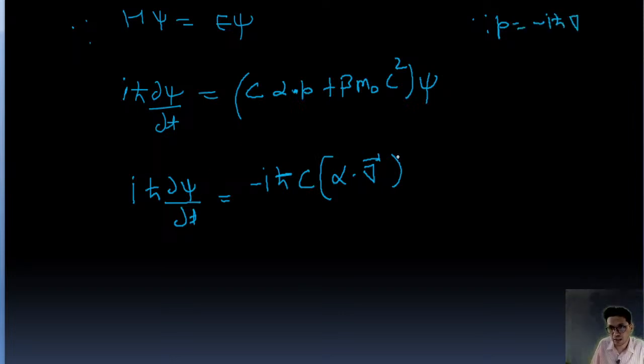We have put this value of del, plus beta m naught c square psi. So this is i h cut del psi over del t equal to minus i h cut c alpha dot del plus beta m naught c square psi.